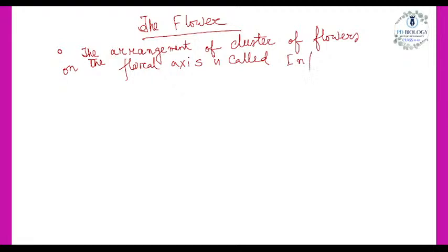Remember this one. So that is the arrangement of flowers. Based on whether the apex gets converted into a flower or continues to grow, inflorescences are mainly of two types. Can you remember what are the two?